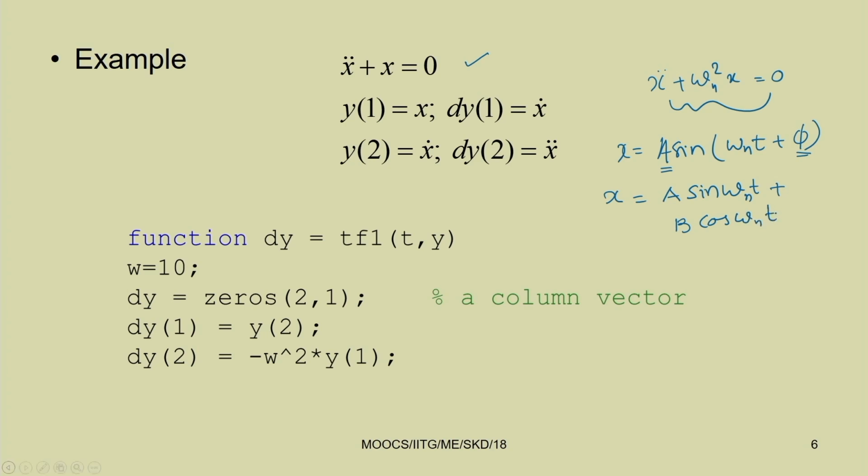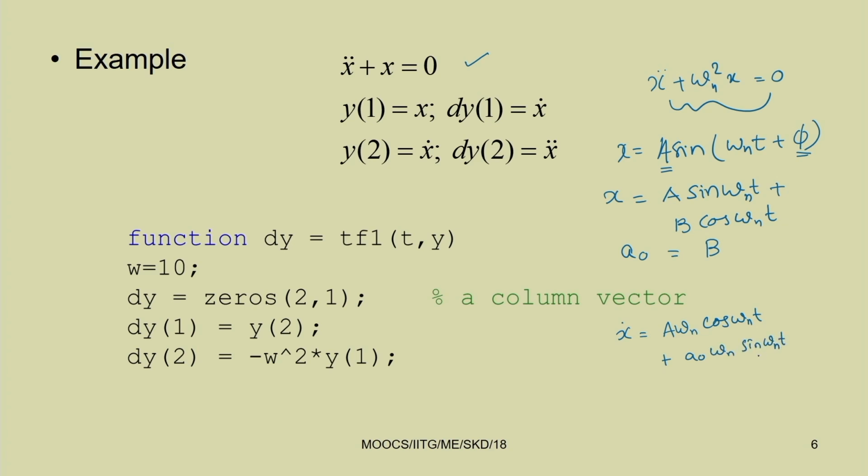So, at t equal to 0 we have taken x equal to a0. So, a0 equal to b. Now, you can put x dot. So, x dot equal to a omega n cos omega n t minus a0 omega n sin omega n t.